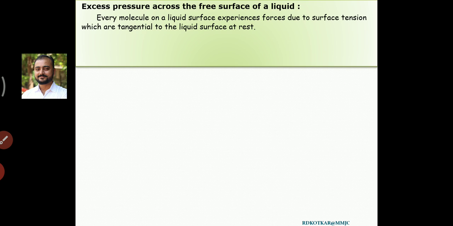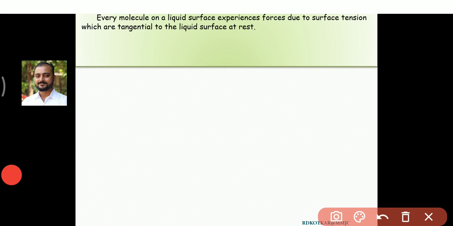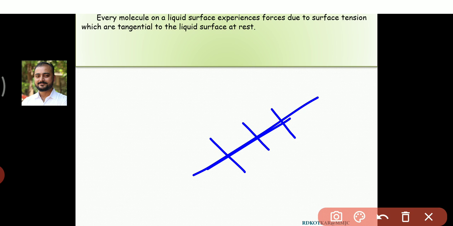In the phenomena related to molecular forces, we studied that the molecules present on the surface of a liquid experience a force due to surface tension, and this force is always tangential to the liquid surface at rest. In the definition of surface tension, we also studied an imaginary line drawn, and these forces are tangential to it. So there is a tangential force to the liquid surface at rest.